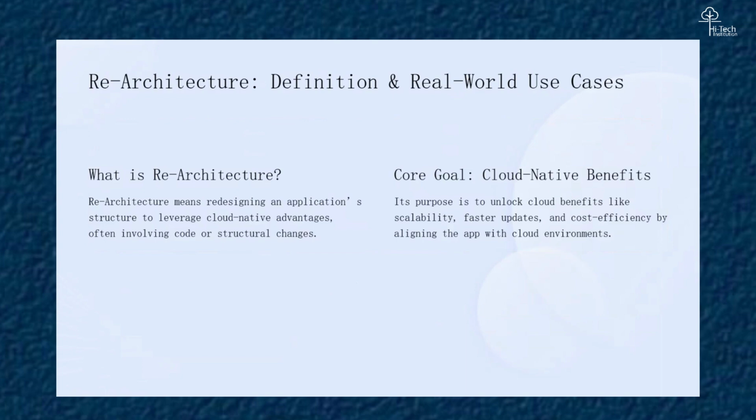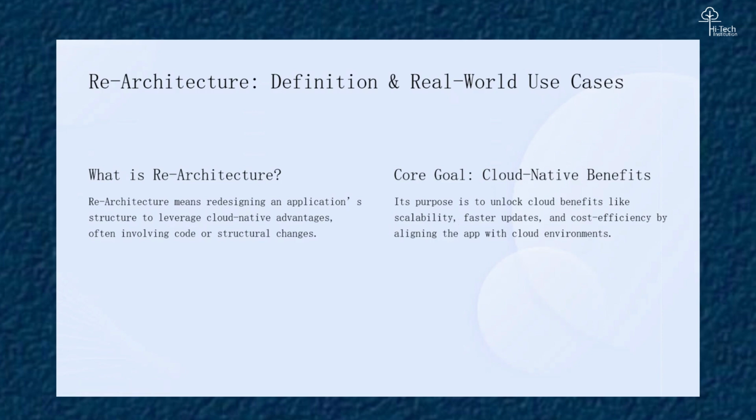Coming to re-architecture, it literally means redesigning an application's whole structure to leverage cloud-native advantages, often involving code or structural changes. The core purpose is to unlock cloud benefits like scalability, which we couldn't get in lift and shift.